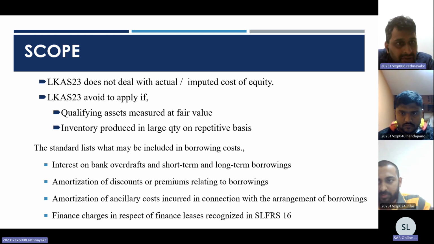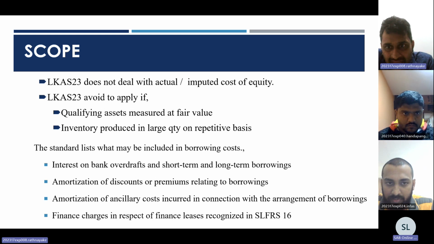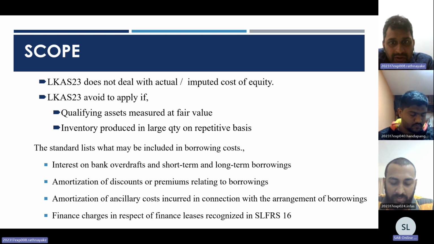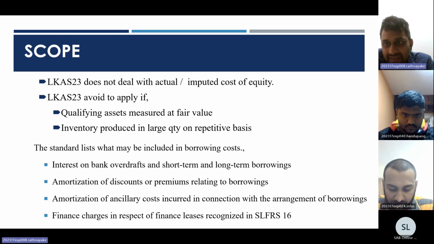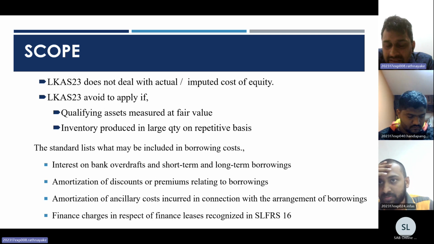Let's see what's included in the borrowing cost. First up, we have interest on things like bank overdrafts and both short-term and long-term borrowings. Next, finance charges on finance leases, which are recognized under SLFRS 16, and then the amortization of any extra cost incurred in setting up the loan.